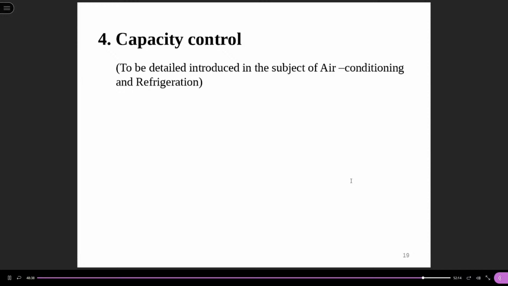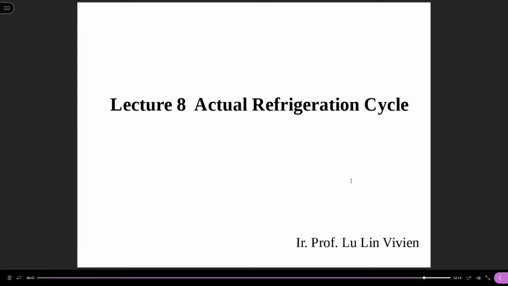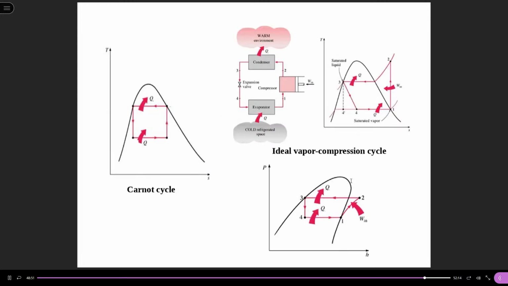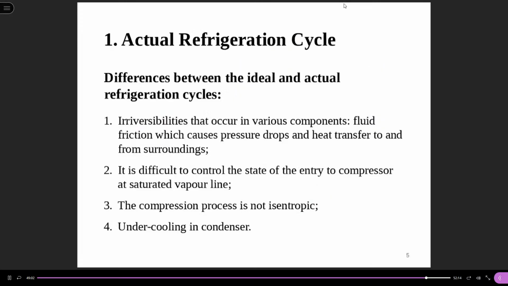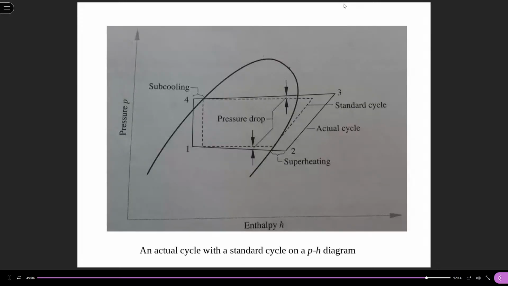To summarize what we have learned today, the actual refrigeration cycle. The ideal one is the Carnot cycle. However, it's not practical, so we have the ideal vapor compression cycle. However, it's difficult to achieve the ideal vapor compression cycle, so therefore we have the actual one.